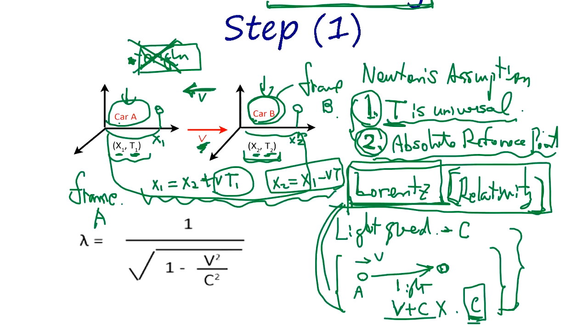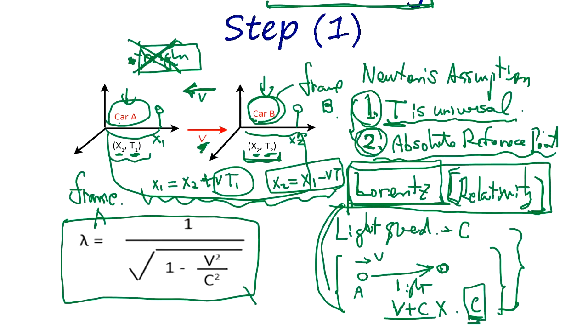Now, in order to do that, he introduced a very convenient factor. Now it's called the relativity factor. Okay, this factor comes into the coordinate transformation. If v is much smaller than the maximum speed c, then this is going to be 0, so lambda will be nearly 1.